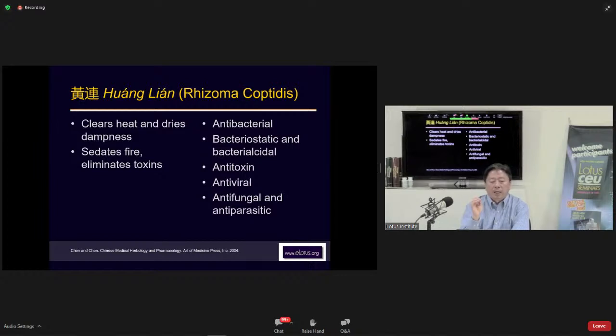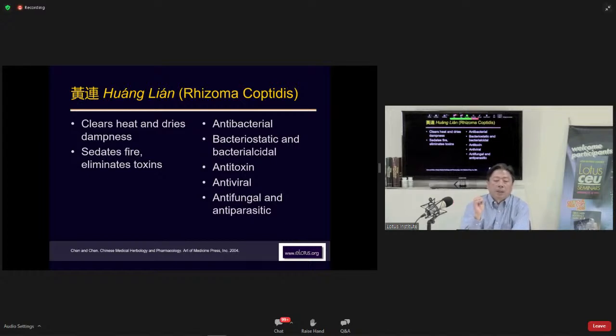Antitoxin, in a pharmacological sense, this is a little bit from TCM. Antitoxin means when a bacteria is killed, a lot of times as it dies, it produces a lot of endotoxins. And endotoxins are the ones that create a lot of toxic reactions in the patients, whether it's fever or pain or chills and so on and so forth.